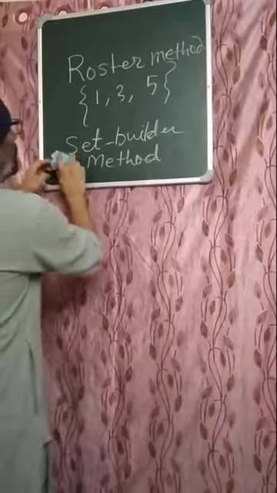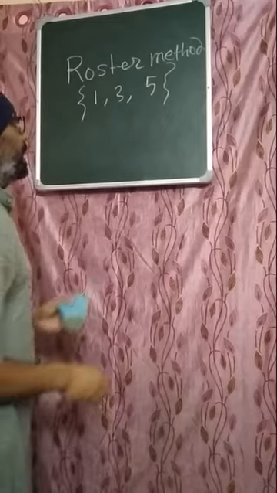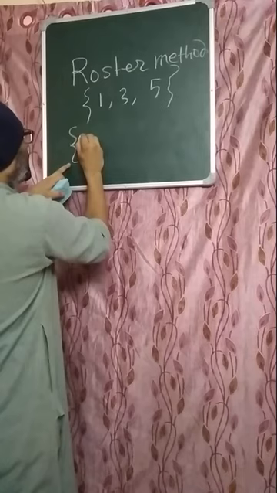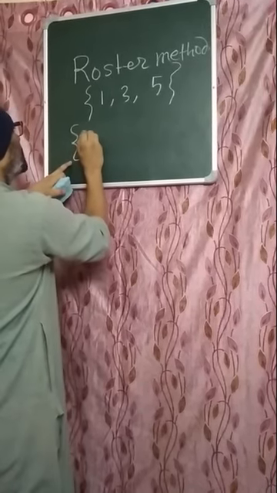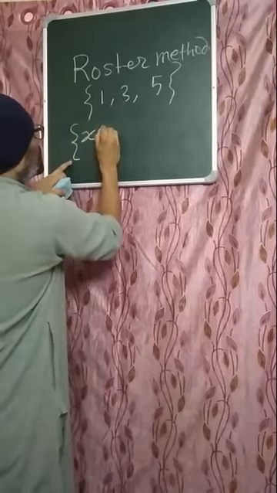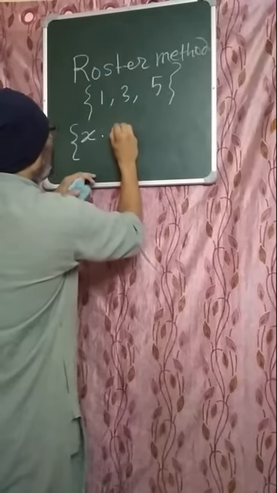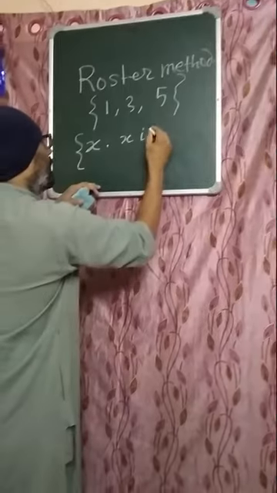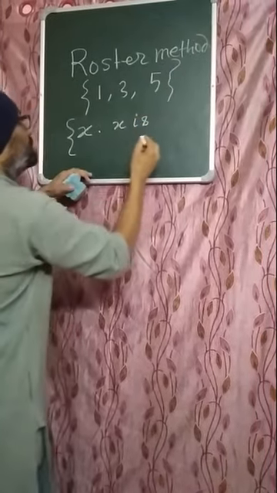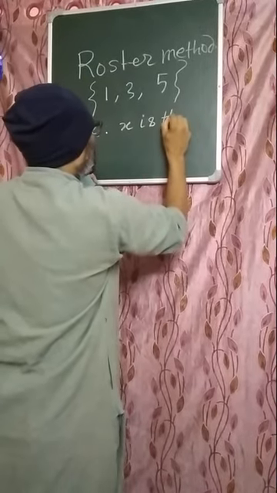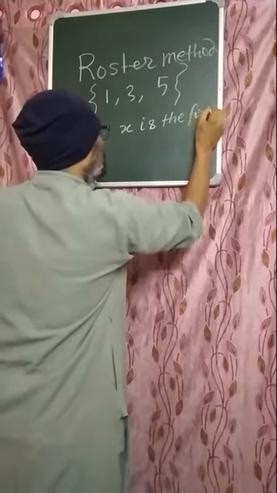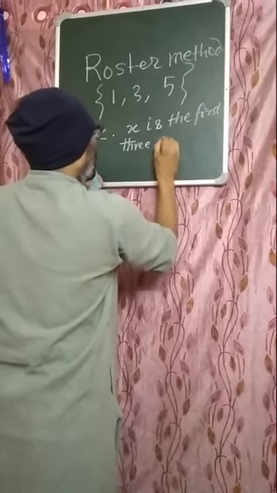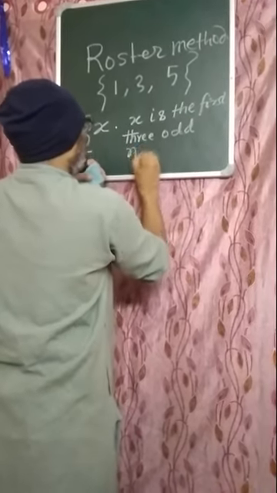For example, if we say the given set is X, such that X is the first three odd natural numbers.